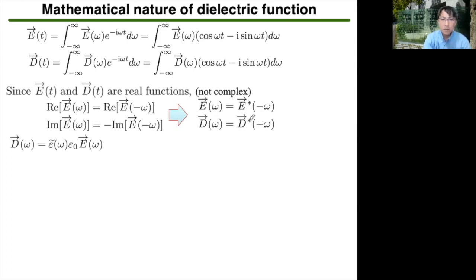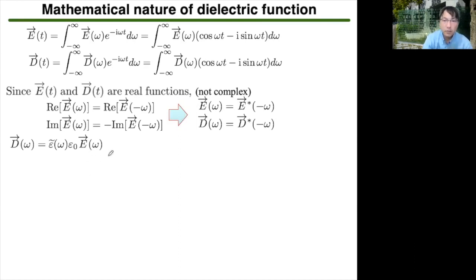The Fourier transform of the displacement field D is expressed as the dielectric function epsilon tilde times the Fourier transform of the electric field E times the permittivity in vacuum epsilon 0.